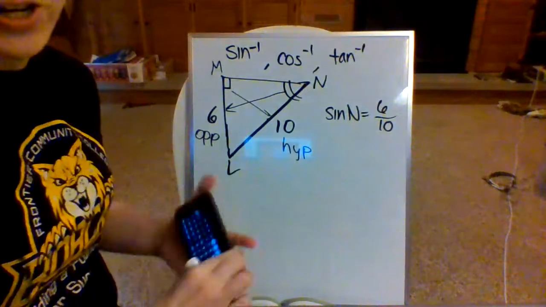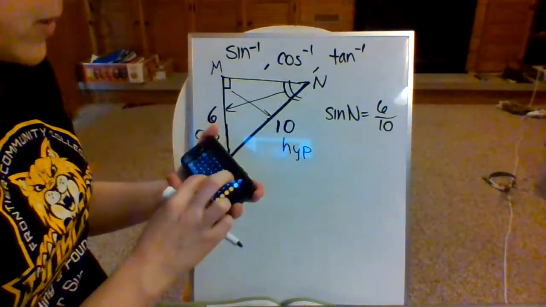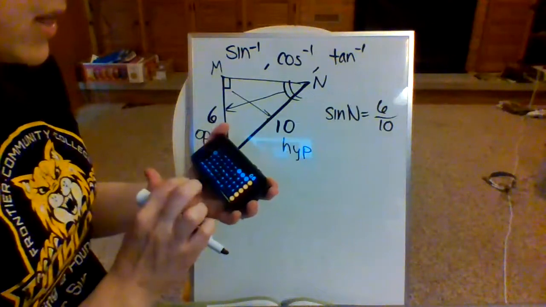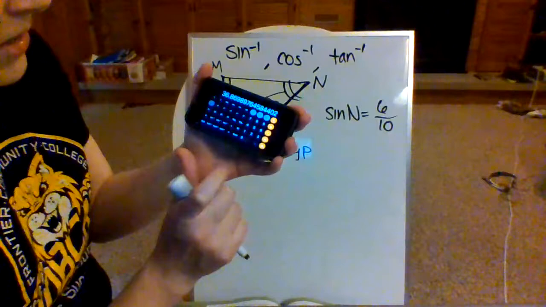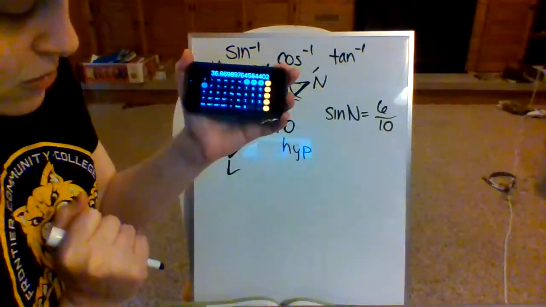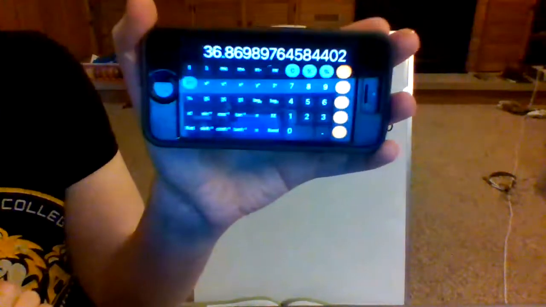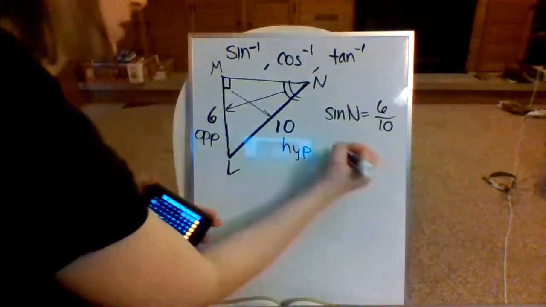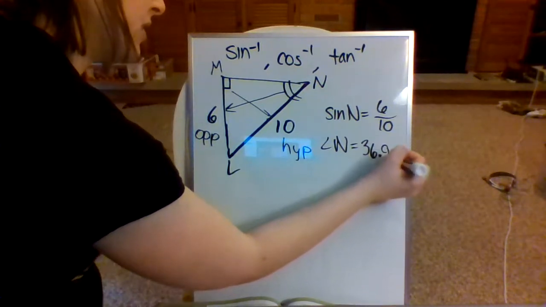Okay, so to do that on your calculator on your phone, we're going to do 6 divided by 10, and then you'll have to press second, and then the one that says sine inverse. And that should give you 36.9 degrees. So angle N equals 36.9 degrees.